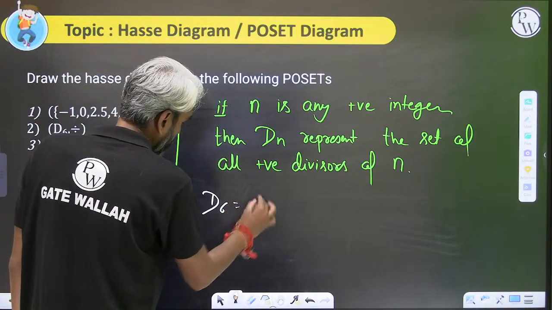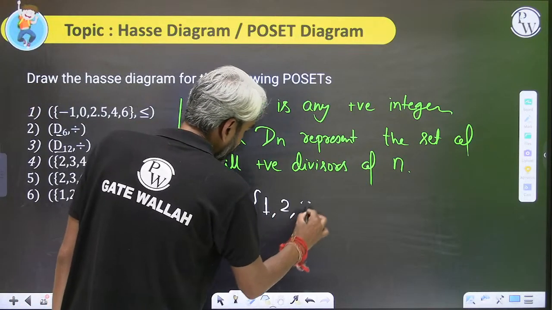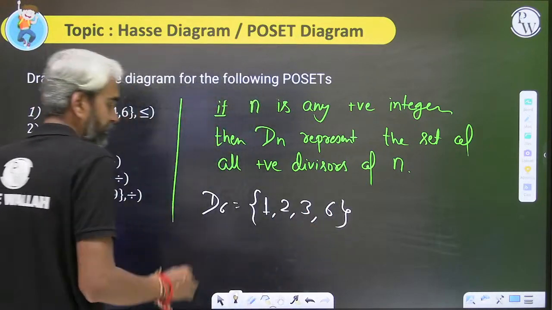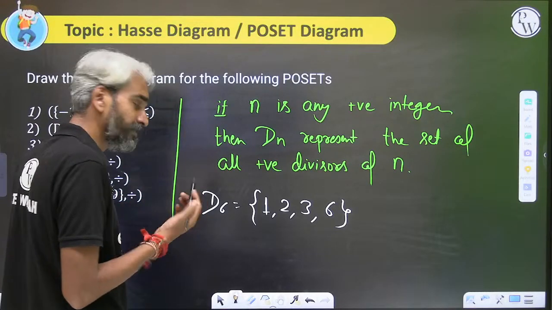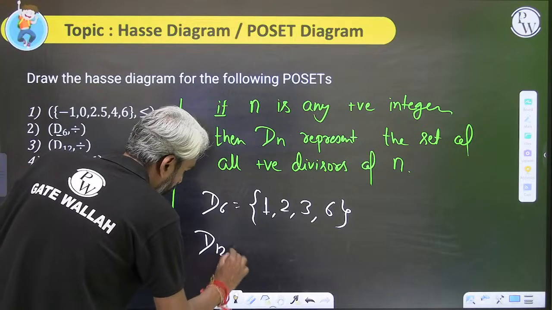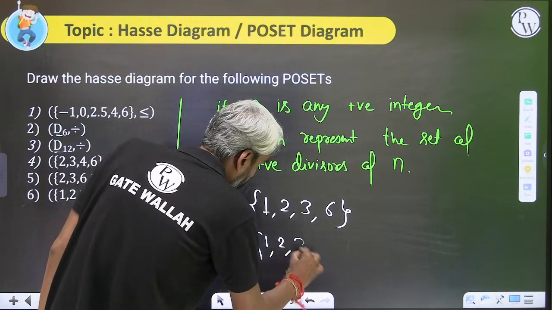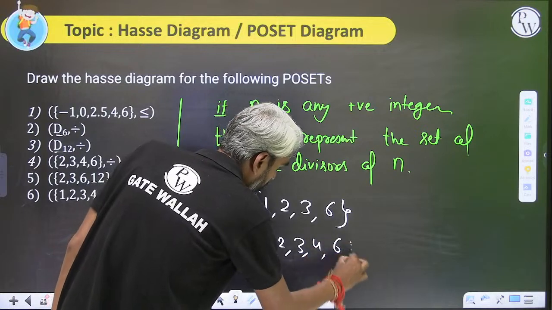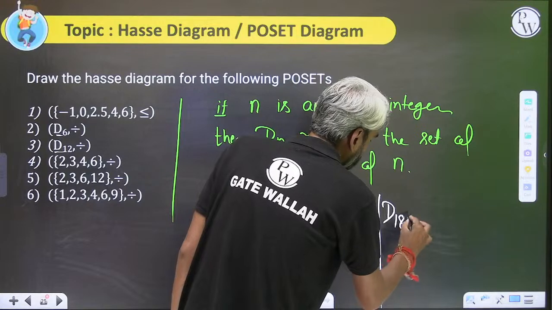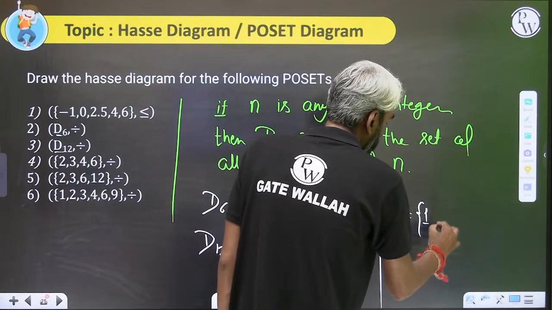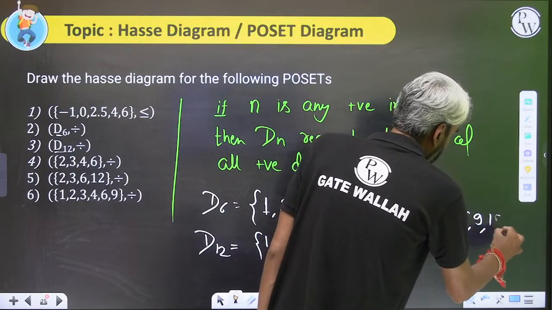D6 will be nothing but the set of all positive divisors of 6. So 1 divides 6, 2 divides 6, 3 divides 6, and 6 divides 6. Is there any other positive number which divides 6? No. When we talk about D12, what are the positive divisors of 12? 1, 2, 3, 4, 6, and 12 divide 12. Similarly, D18: 1, 2, 3, 6, 9, and 18 divide 18.